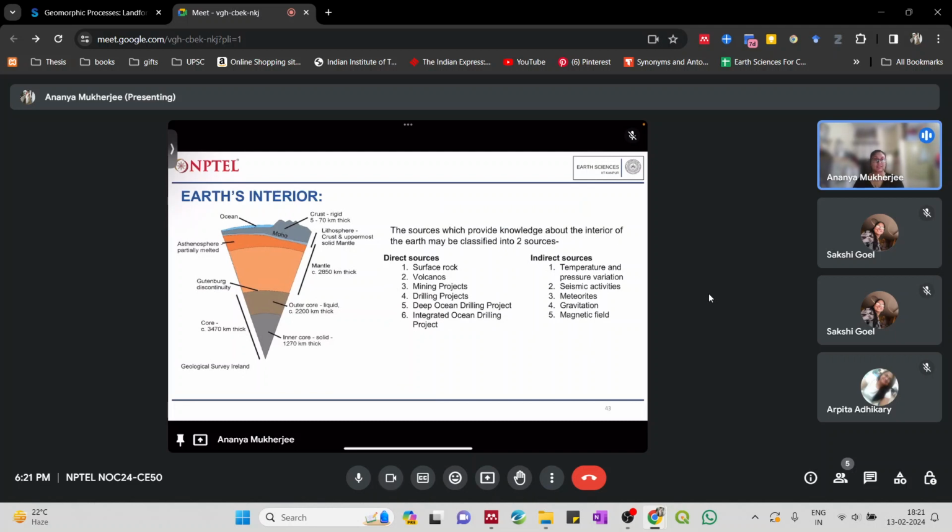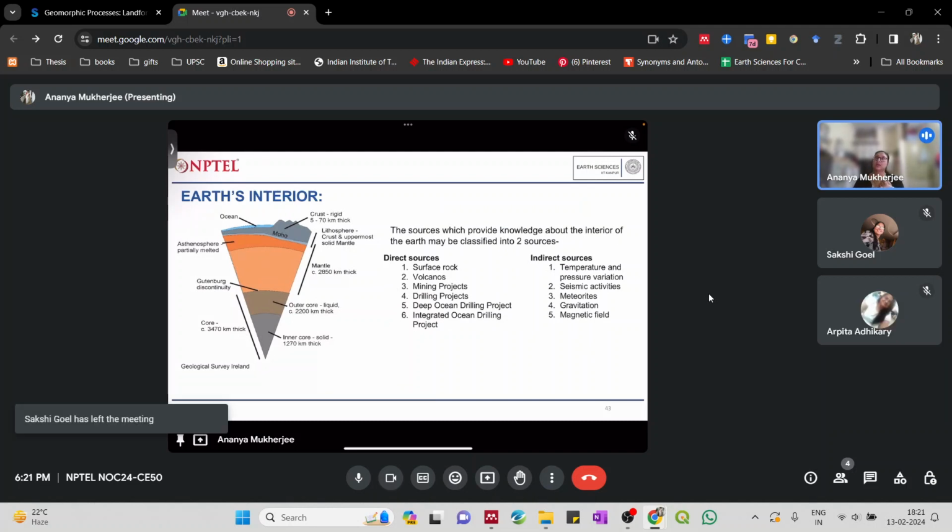So, as I was saying, what are the sources or processes that help you in understanding the interior of the earth? You can have direct sources and indirect sources. Direct sources are where you can measure it by yourself, either the depth to the different layers, or you can study the compositional variation that we see between the two layers.